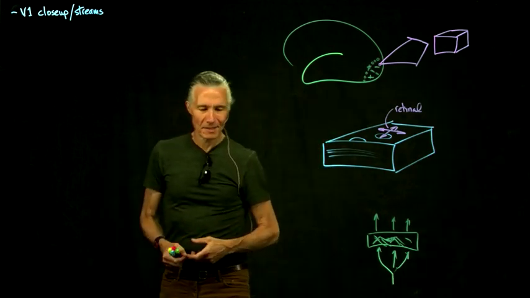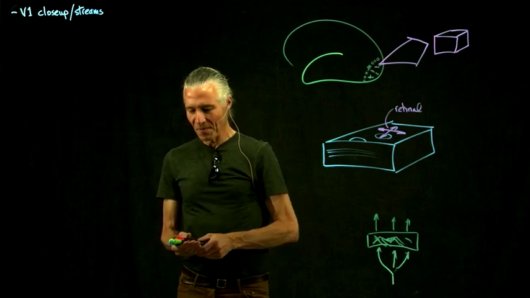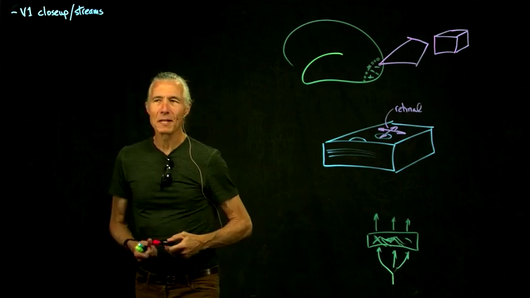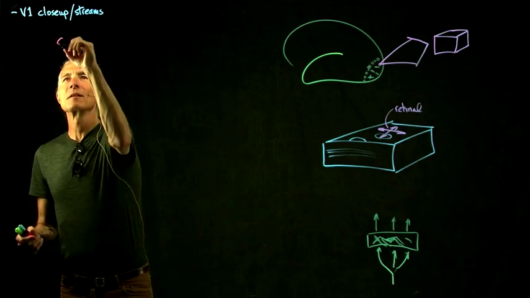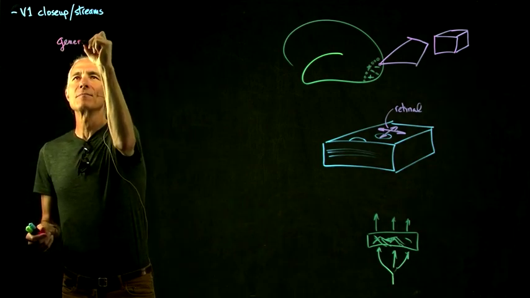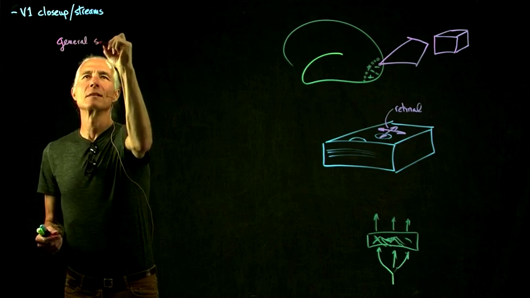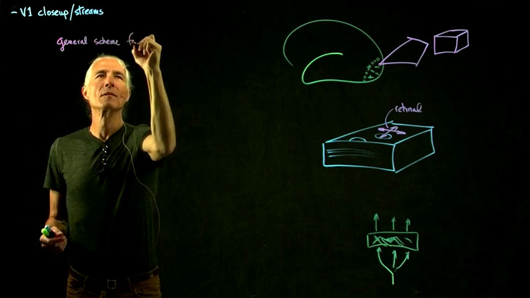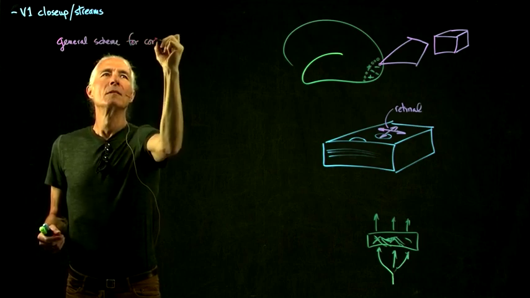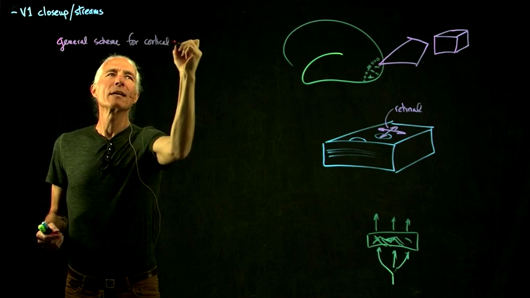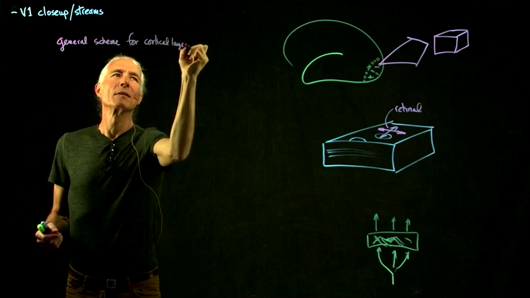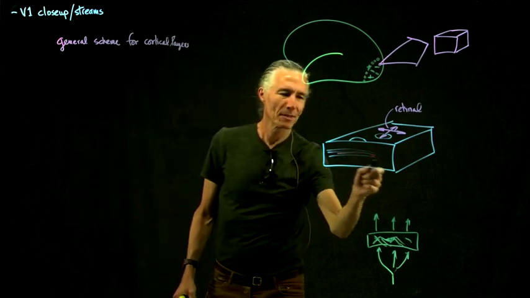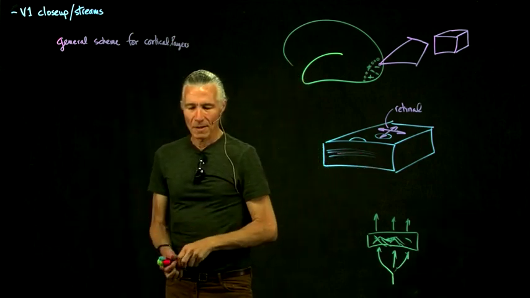Okay, so that was our intro, and we're going to start off with a general scheme for cortical layers, because we're going to go into detail about all these different layers.